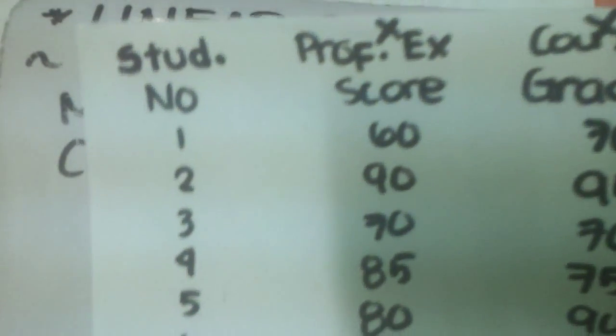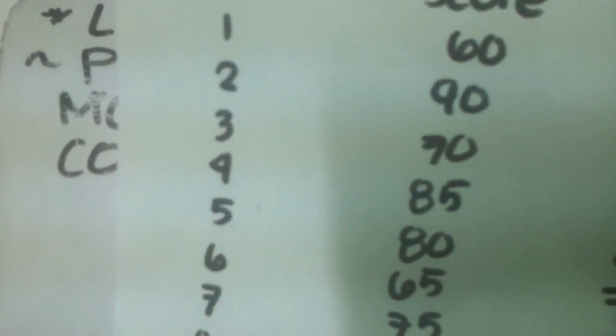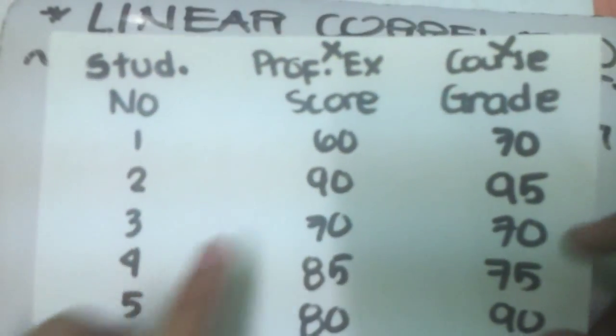So, for example, we are given this data: 10 students which have their records of proficiency score and their course grade.